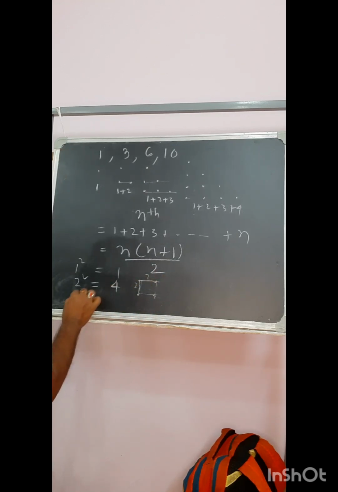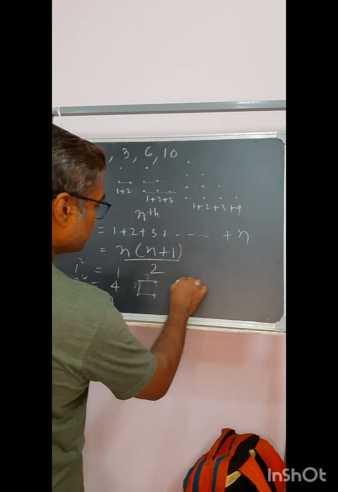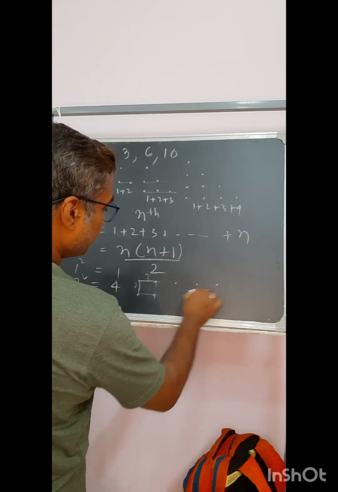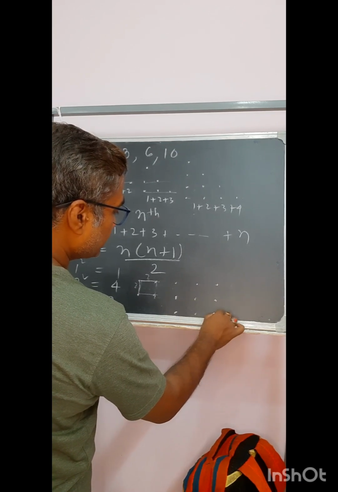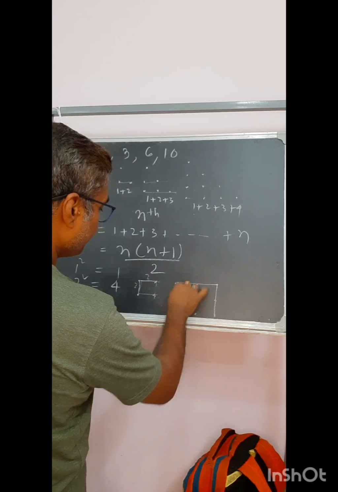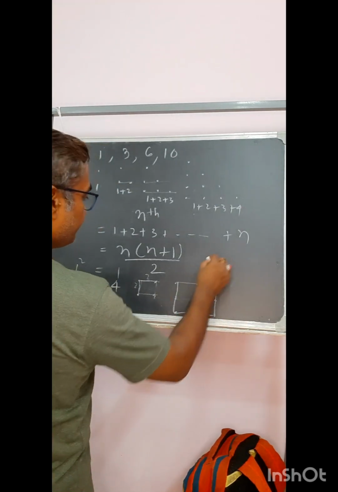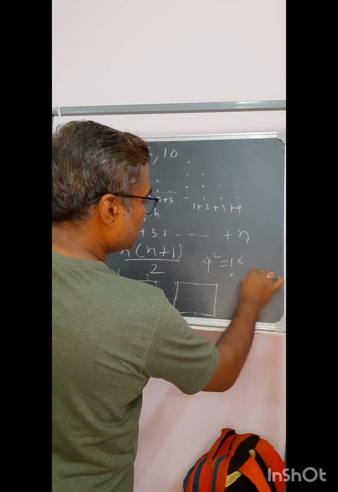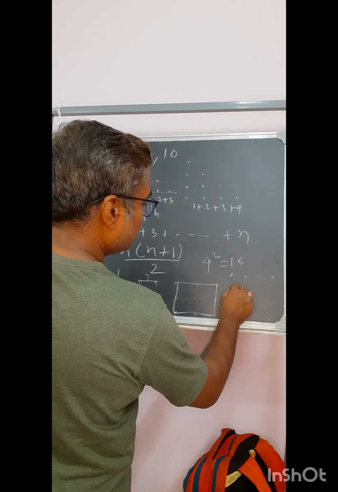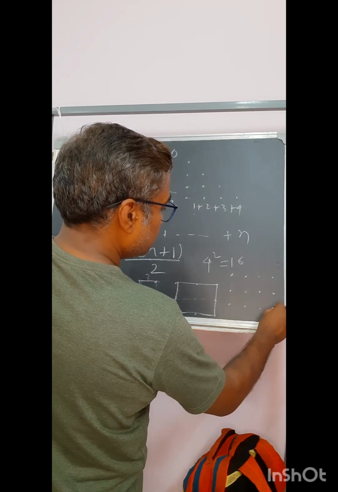So 3 square is equal to 9, and I can represent it with 9 dots in the form of a square again. Same for 4 square, it will be 16, so similarly I can put 4 dots on all sides and it will represent a square.